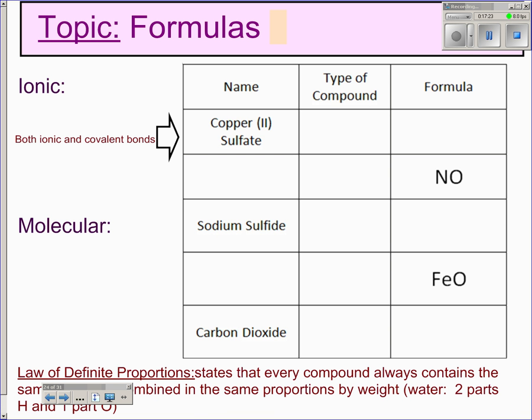Okay, last topic, bonding. Ionic versus molecular substances. Molecular is like MoCo, doesn't stand for Model Congress. It stands for molecular covalent. These are covalent compounds, okay, or covalently bonded compounds. What's the difference? Ionic is between a metal and a nonmetal.